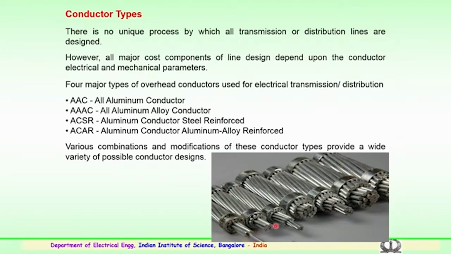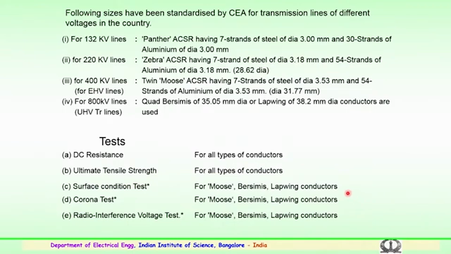The conductor dimensions, the number of strands and the number of steel reinforcements differ depending upon the transmission voltage and the current the conductor is to carry, both for distribution and transmission systems. Various sizes are being manufactured across the globe.